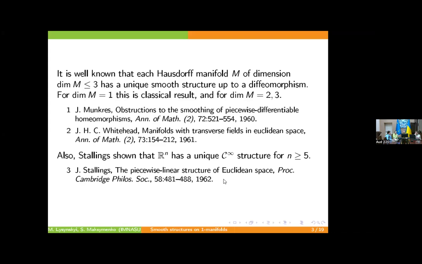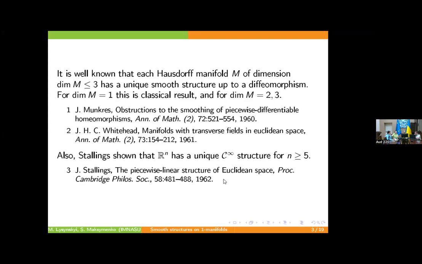For dimensions 2 and 3, it is based on the so-called approximation of piecewise linear homeomorphisms, and it can be found in the paper by Whitehead and also the paper by Munkres. Also, Stallings proved that R^n, when n is greater than 5, has a unique C-infinity structure.